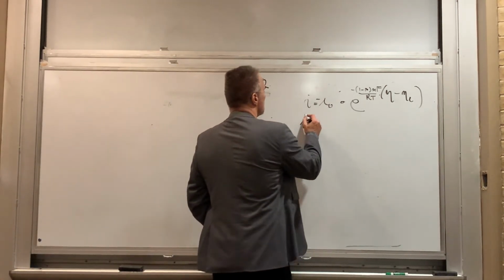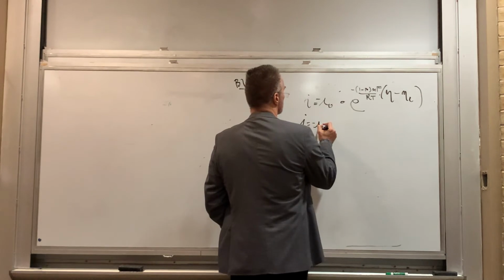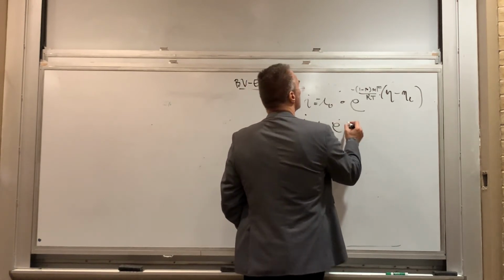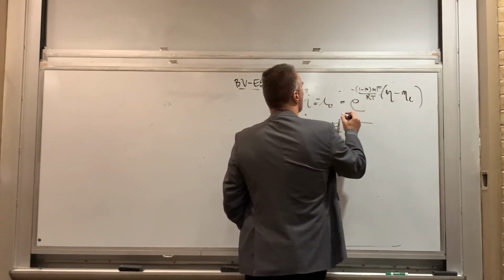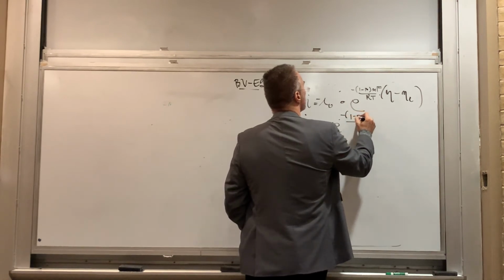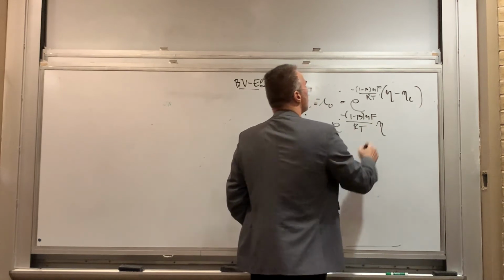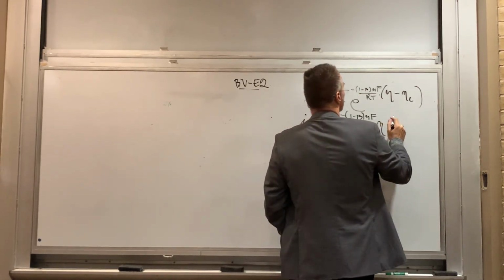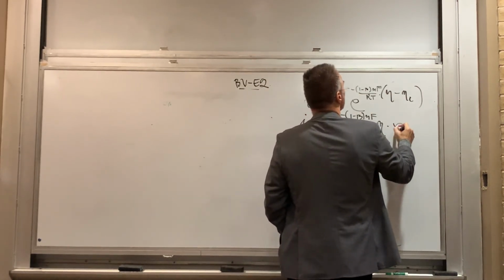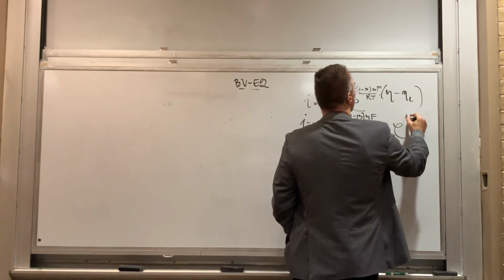So let's do this. I is equal to minus I naught e to the minus 1 minus beta nF over RT eta. And then this minus times minus is going to be plus, so this is going to be e to the eta c, right?